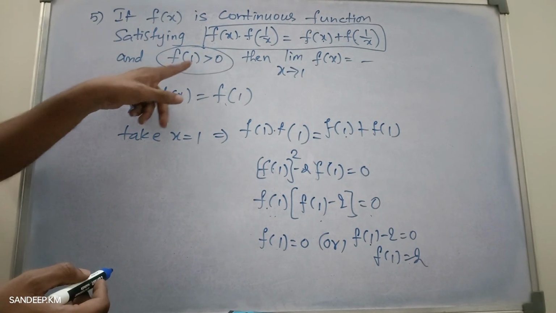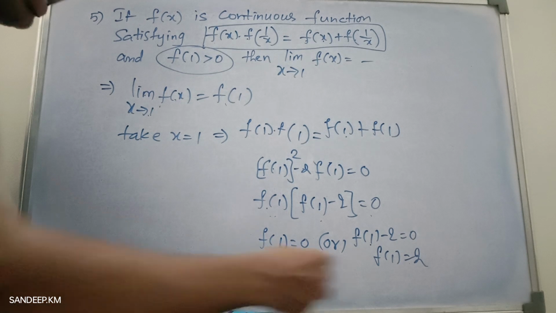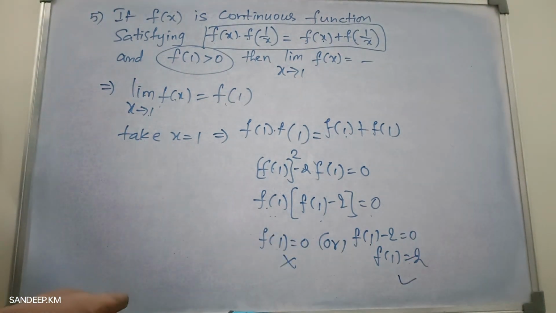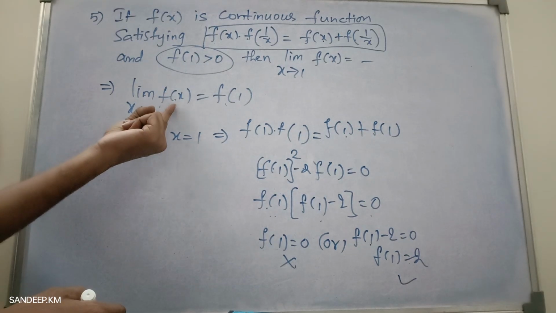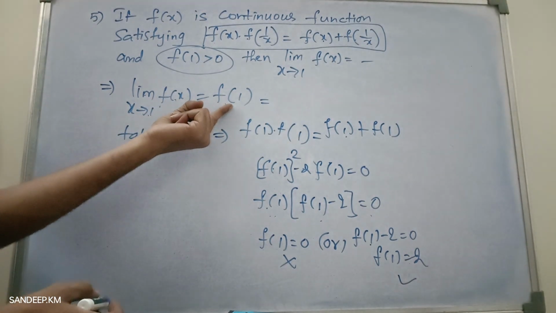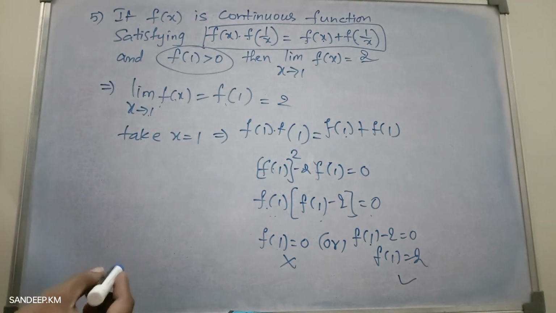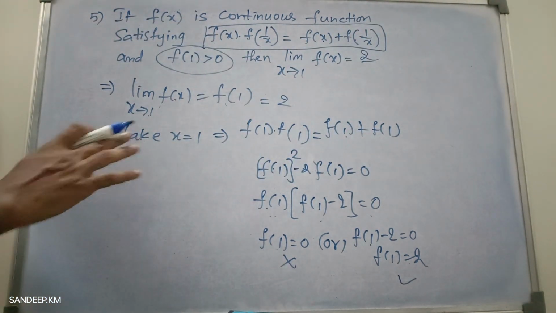They told that f of 1 is clearly positive, greater than 0. So I cannot take this value and I will take this value. So f of 1 is 2. And just now I told that limiting value of the function is equal to value of the function. So what is the answer then? The answer is 2. Easy question only na? I'll give a similar model.